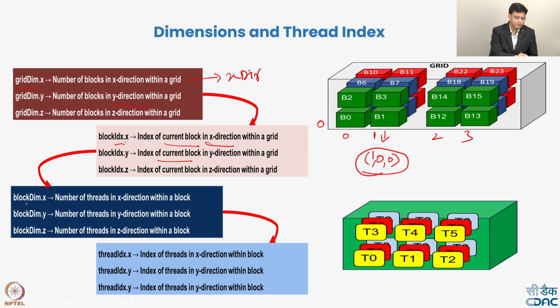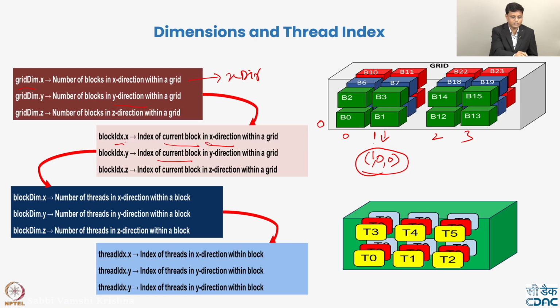So, there are the variables which are present in the CUDA programming model: blockDim.x, blockDim.y and blockDim.z. These predefined variables return the number of threads in the respective directions within a block. So, blockDim.x gives the information of the number of threads in the x direction within a block.